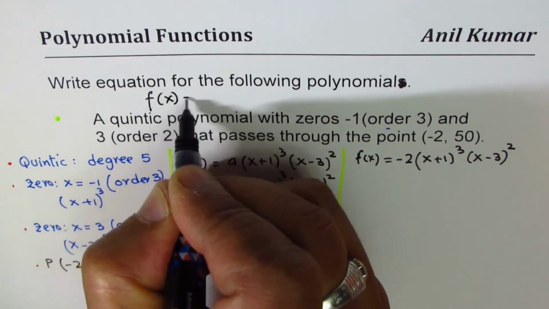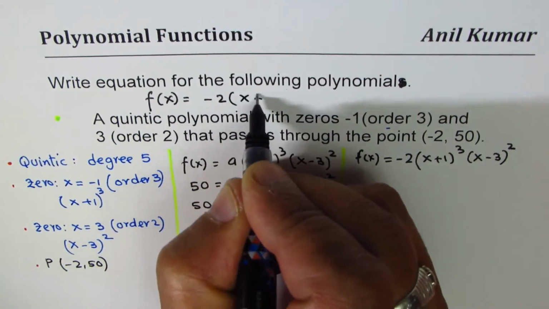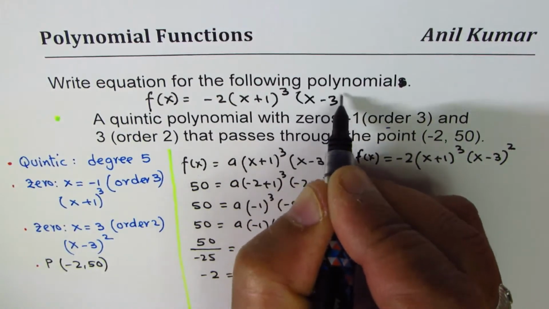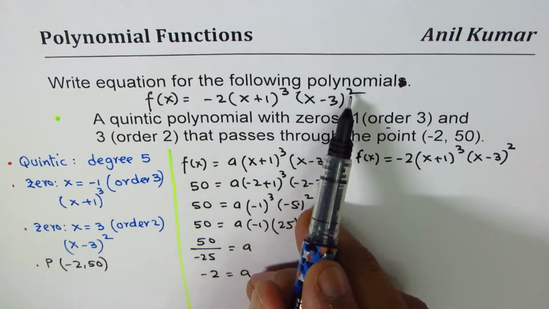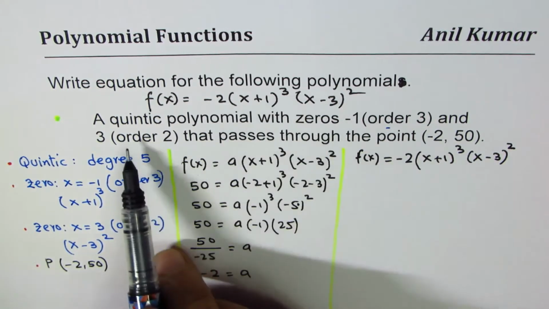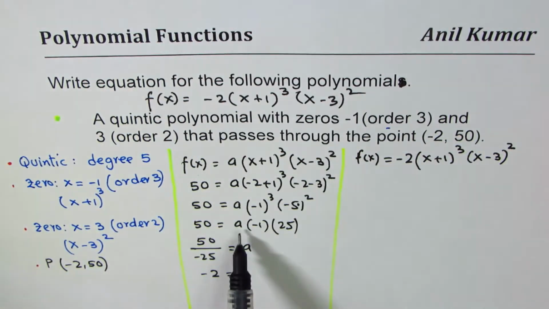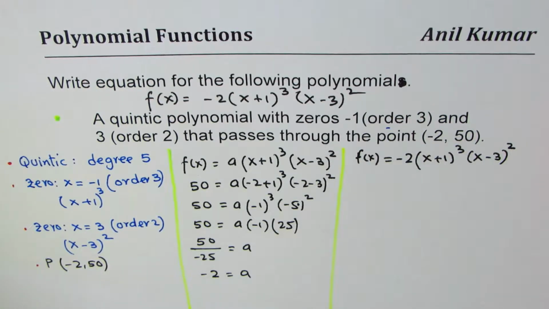It is f(x) equals -2 times (x + 1) whole cube times (x - 3) whole square. So that is a quintic polynomial. If you add 3 and 2, you get 5. Zeros at -1 of order 3, at 3 of order 2, and we found the value of a by using the point (-2, 50). Is that okay?